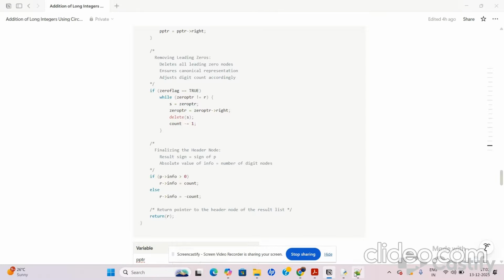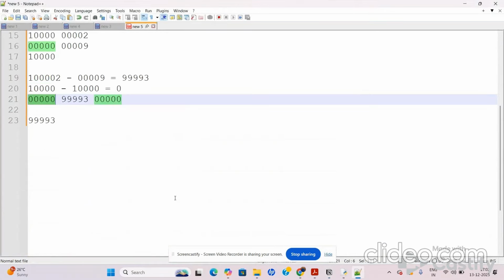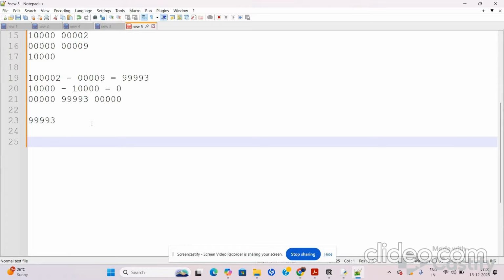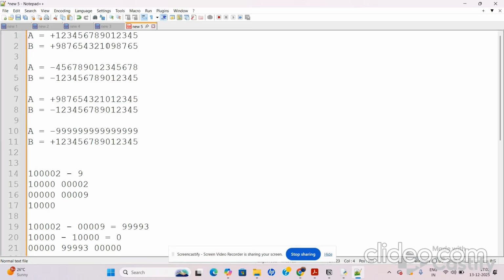Okay, for example, you have a number like this. You might have got some value. In this case, B is the larger value, correct? And for the result, you would have got the count of how many nodes were required to store the result value.